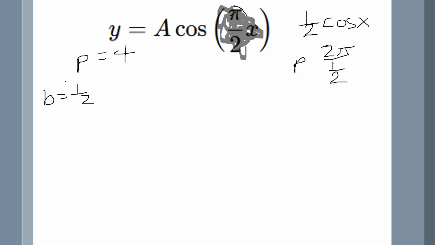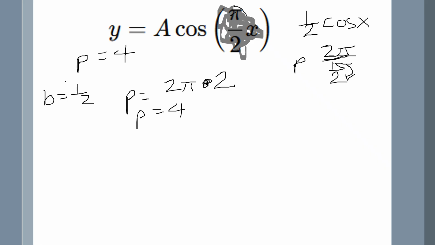Well, when you are dividing, you keep 2 pi, you change the division into multiplication, 2 pi times the multiplicative inverse of 1/2, and that's going to become 2. So 2 pi times 2, the period equals 4 pi.